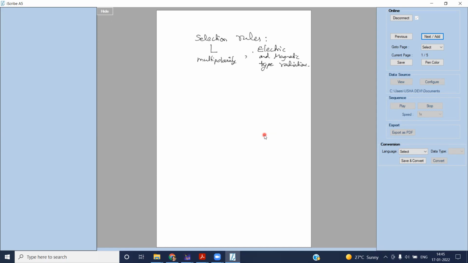I told you L is not equal to 0 and such things. Then we did a detailed mathematical analysis of the multipole expansion of electromagnetic radiation.